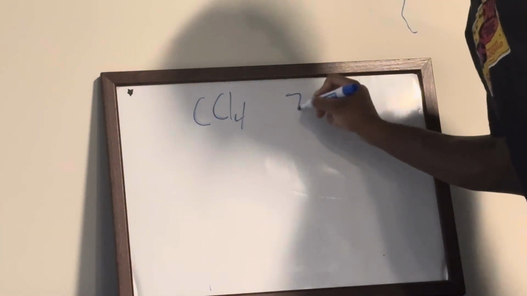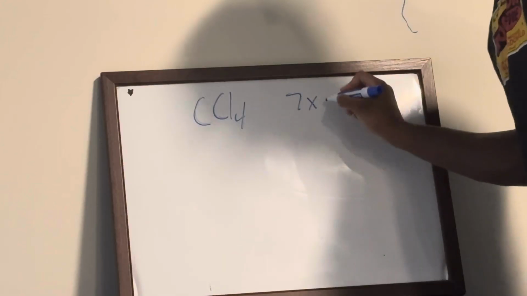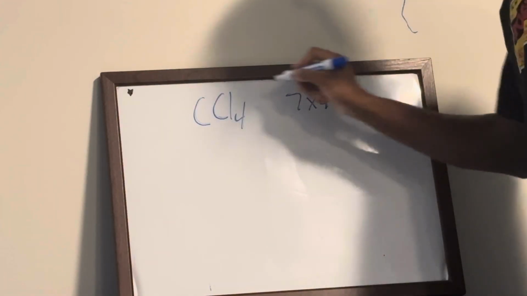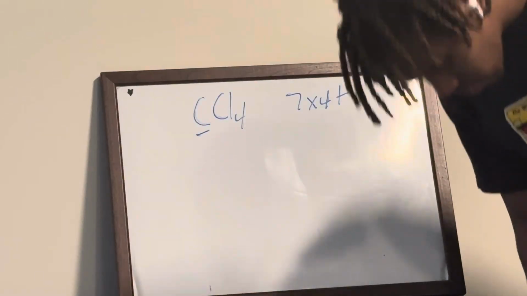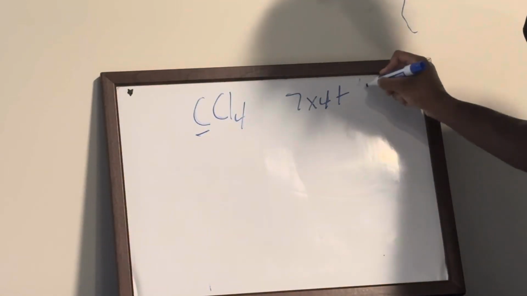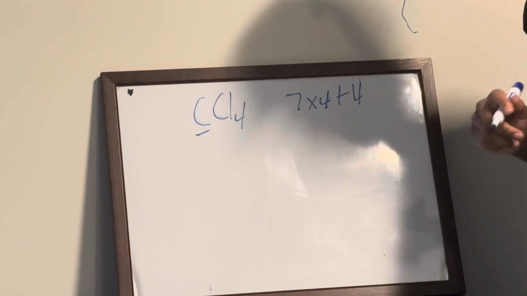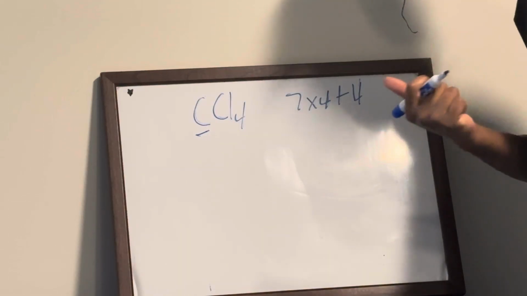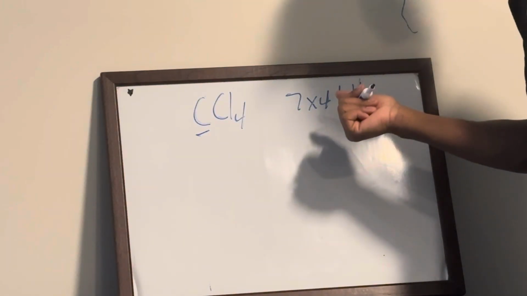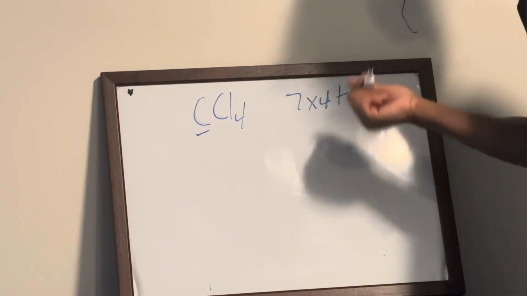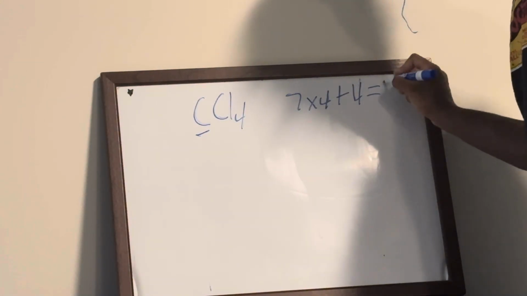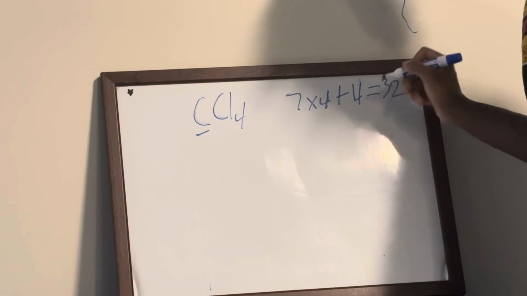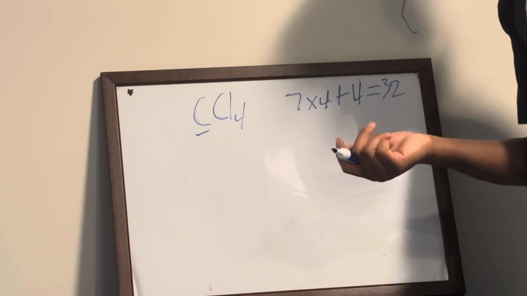That's 7 times 4, since there are 4 of them, plus C, which is in group 14, so 4 electrons. So that's 28 plus 4, which gives us 32 electrons, and let's do it.